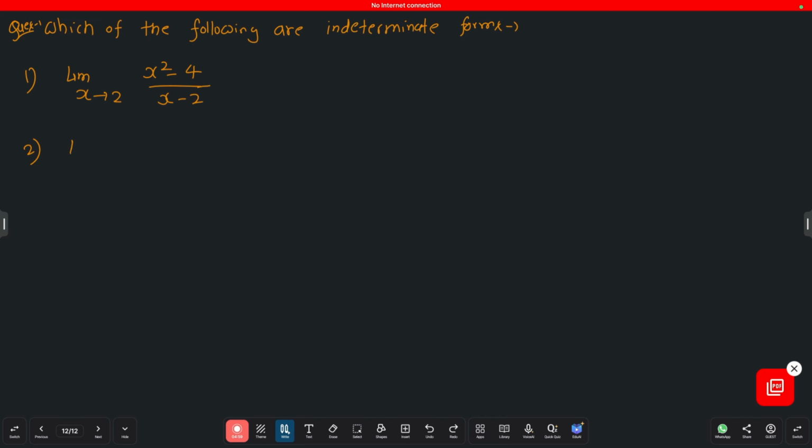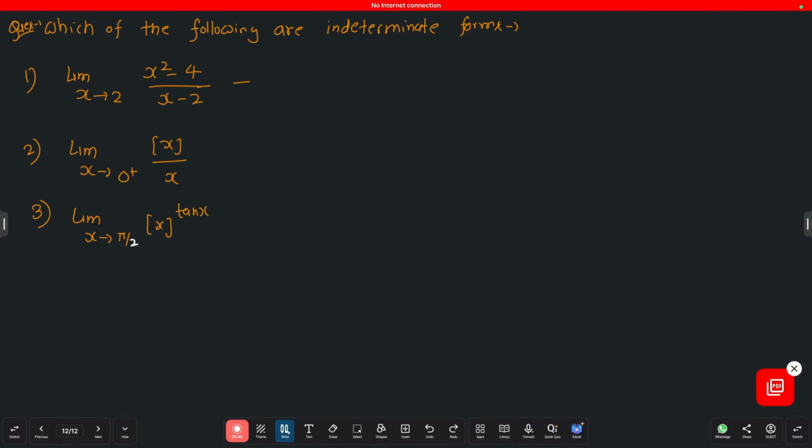Second: limit x tending to 0 plus of greatest integer of x upon x. Third: limit x tending to pi by 2 of greatest integer of x to the power 10x. Out of these three problems, which is an indeterminate form? Indeterminate means after putting the limit you should get a 0 by 0 form. Suppose you put x value 2, then 0 by 0 is coming now.